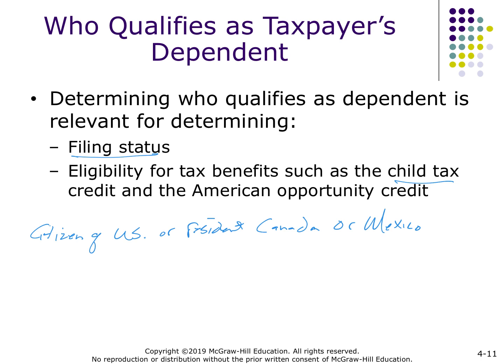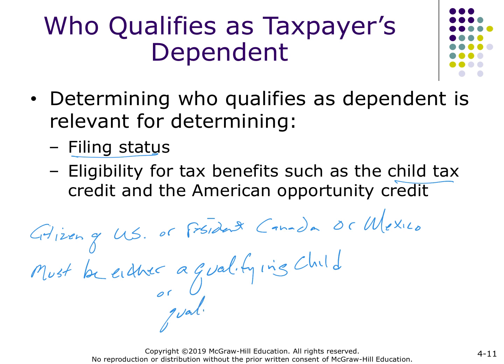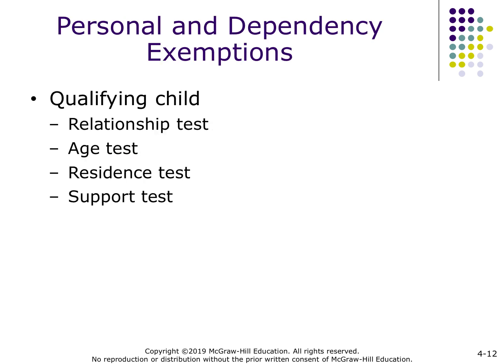And they must be either a qualifying child or a qualifying relative, okay? And we'll talk about what makes someone a qualifying child or a qualifying relative next.